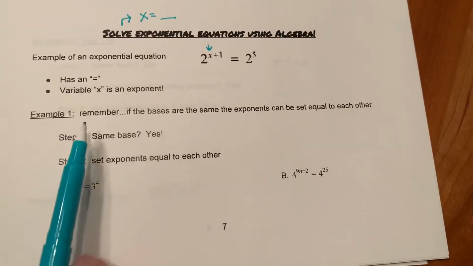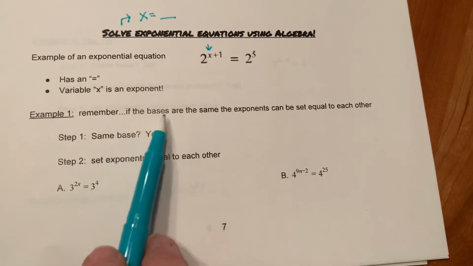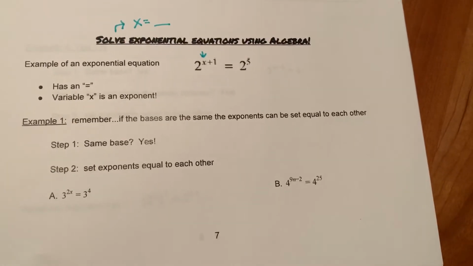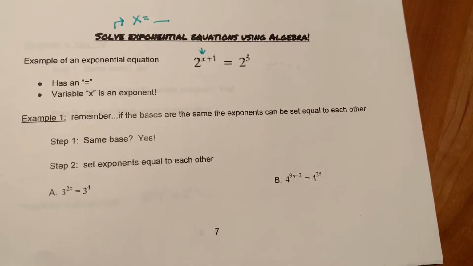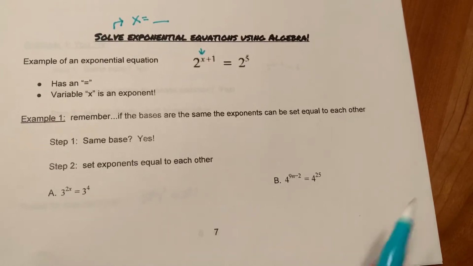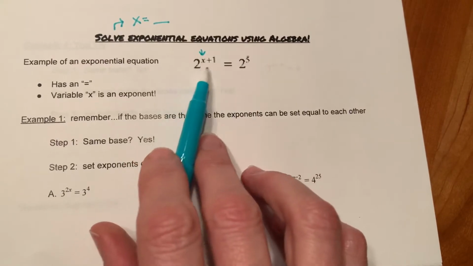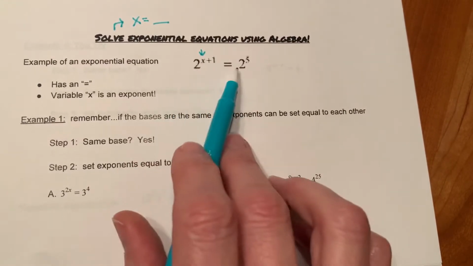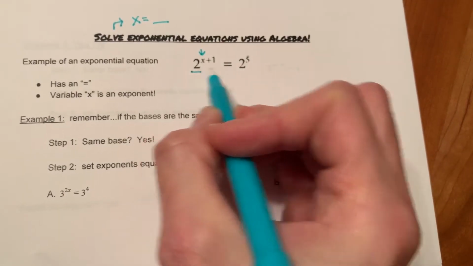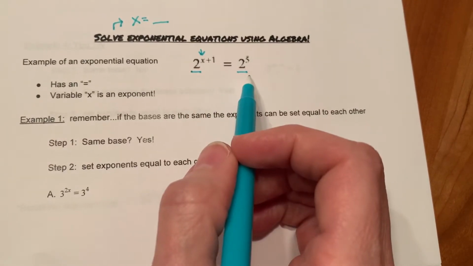This is a reminder, if the bases are the same, the exponents can be set equal to each other. It's probably a reminder from the exploration, which we didn't do, but let's think about this example. First of all, we have an equal sign, so we know everything over here is equal to everything over here. And the bases are already equal. 2 is equal to 2.